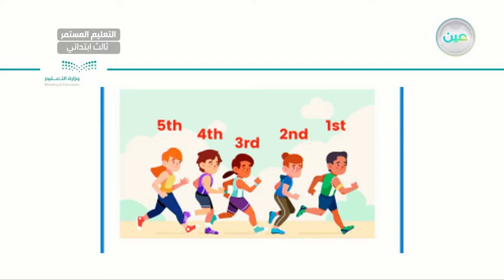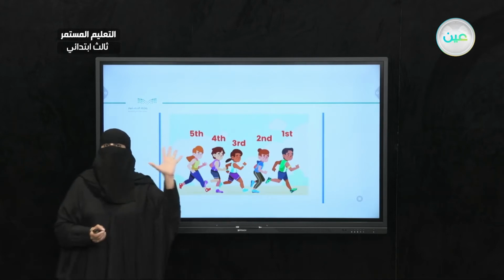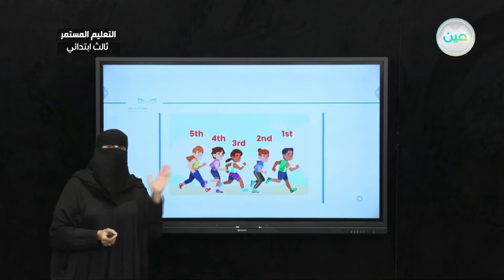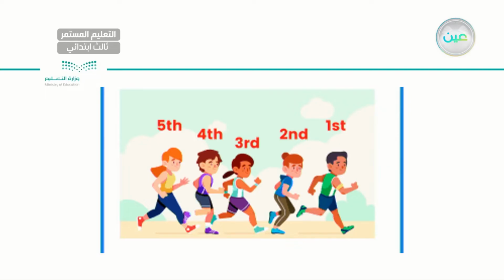Okay? Remember, we use ordinal numbers for this situation. Okay? We have a race here. I have 1, 2, 3, 4, 5. I have 5 players. Okay? In this race. I have 5, right? But who came first? Who won the race? Okay? Who got the gold medal? I have the guy or the man who's wearing a green shirt.